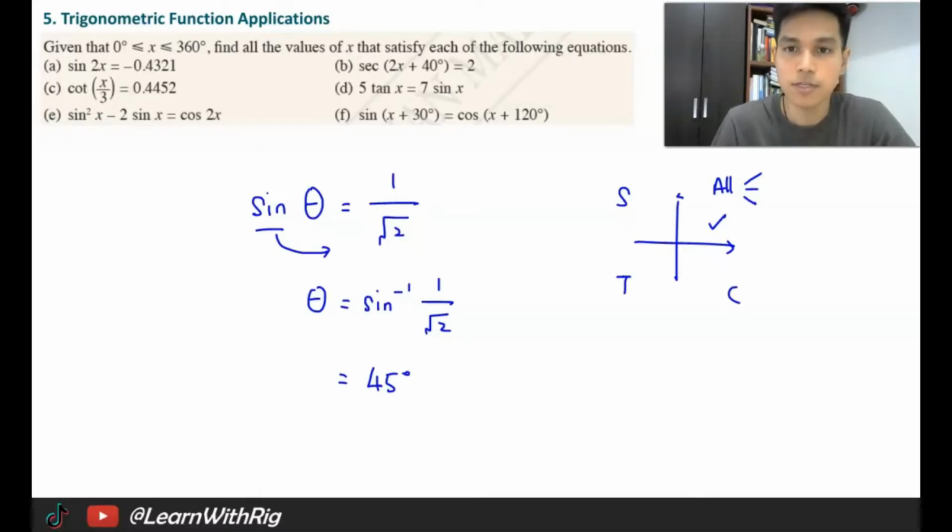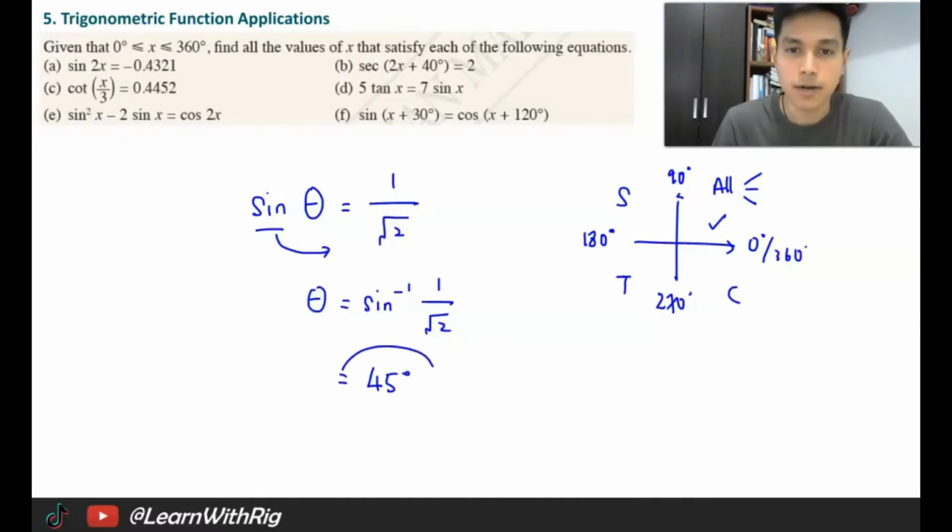That's why everything is included in the first quadrant. So whenever you solve and get this answer, it's always in the first quadrant. It does not take into account the other 3 quadrants. First quadrant means from 0 all the way to 90 degrees. It does not take into account beyond that, within 180, 270 and also 360.